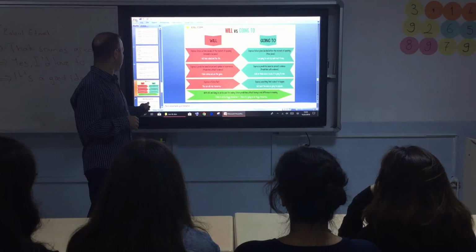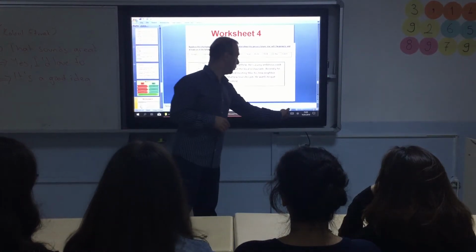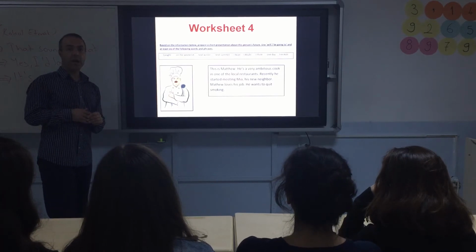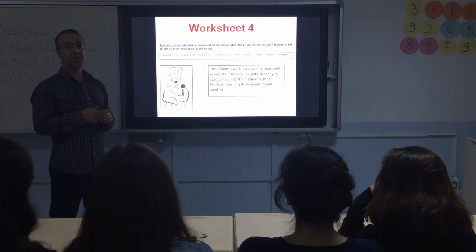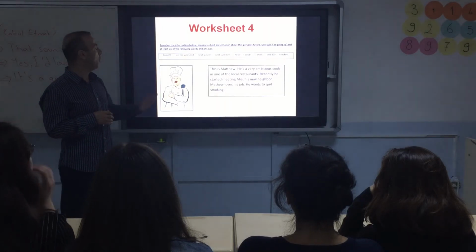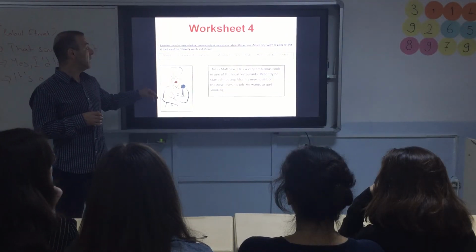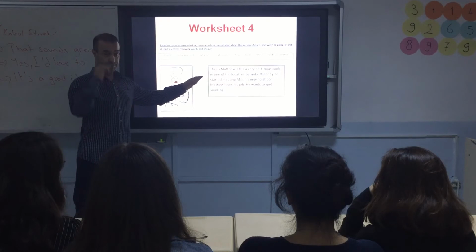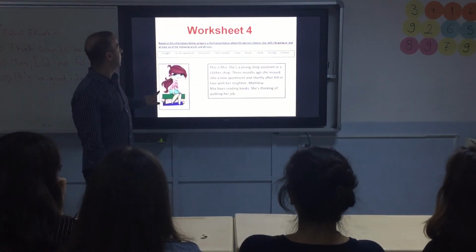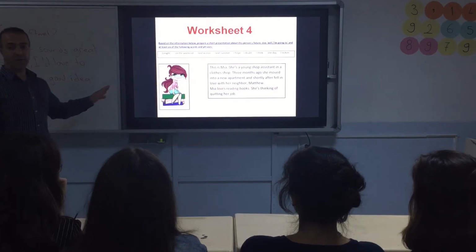To clarify what we have learned today, I want you to prepare a short presentation of a person's future according to worksheet 4 in pairs. Okay? This is for Ceren and Doğa. This is for you. And this is for Merve.